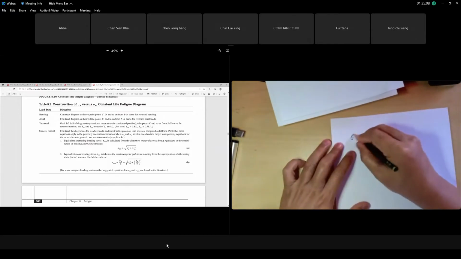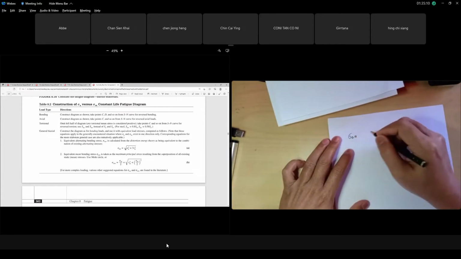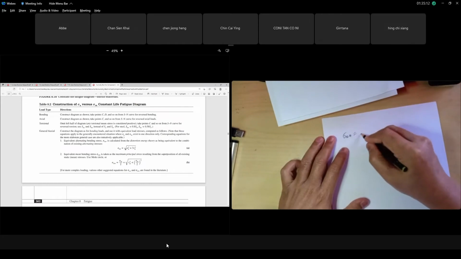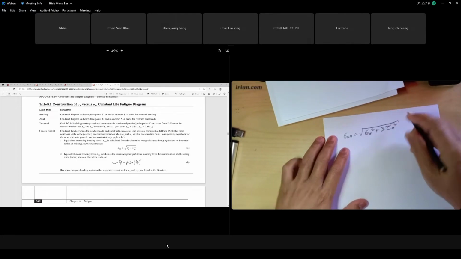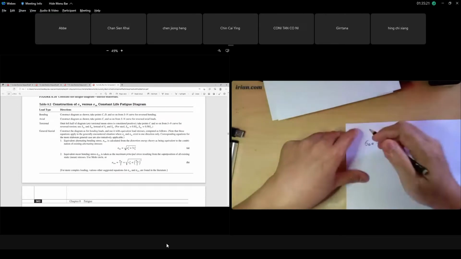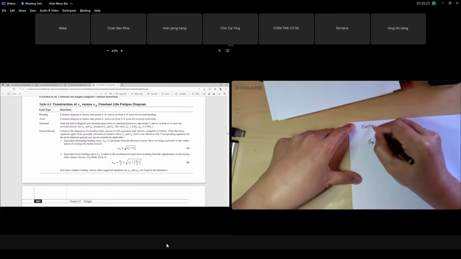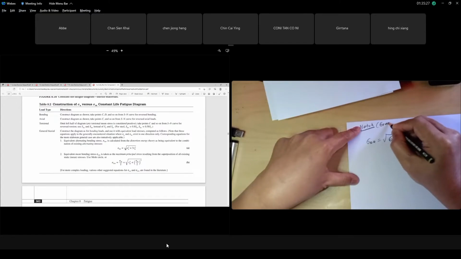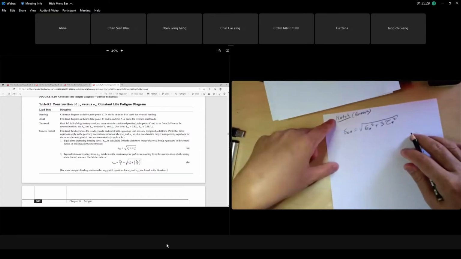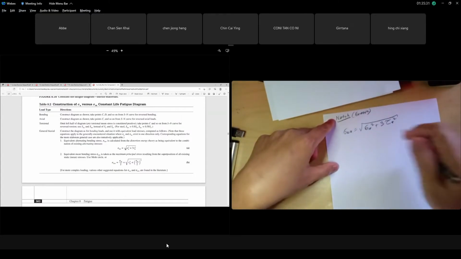Sigma E alternate equals the square root of sigma alternate squared plus 3 tau alternate squared. Because now we focus on the notch at the groove, and at the groove we don't have torsion.